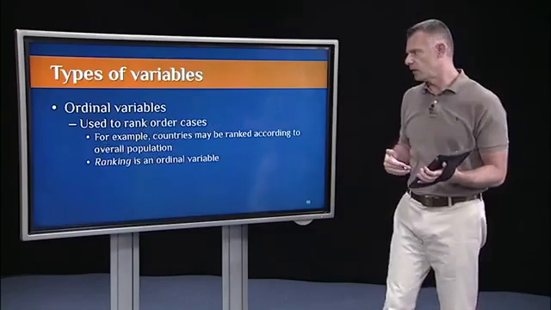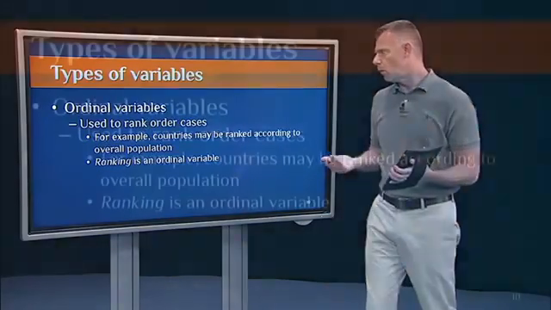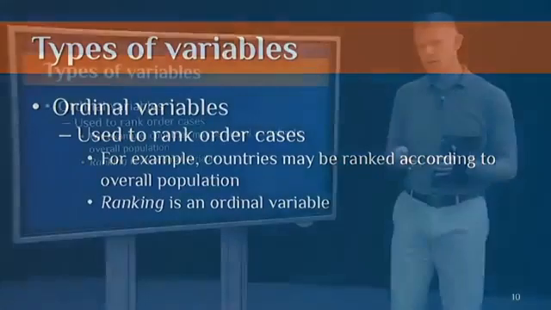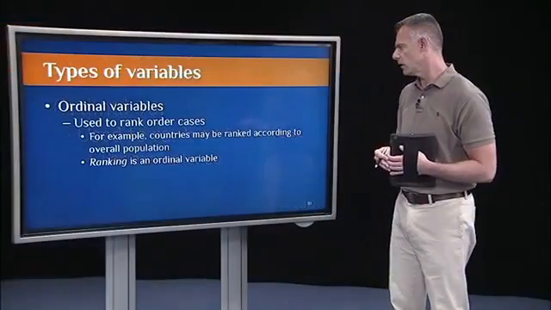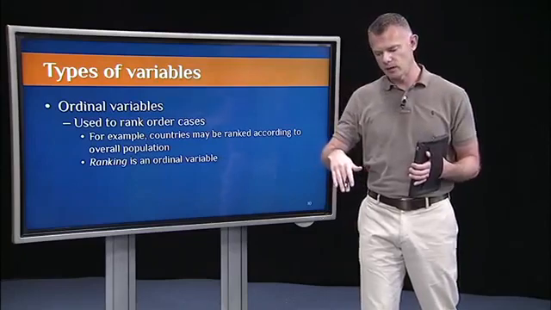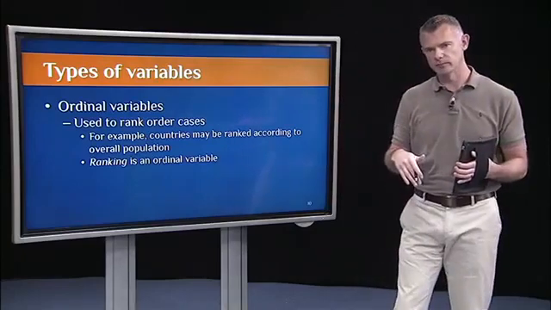The next type of variable is an ordinal variable. Ordinal variables are used to rank order cases in a data structure. So again, if we think about the countries where all of our students are coming from in this Statistics One course on Coursera, I might rank the countries according to population.